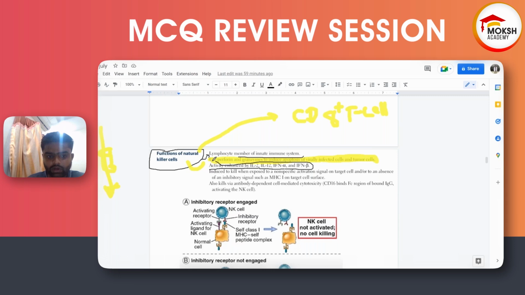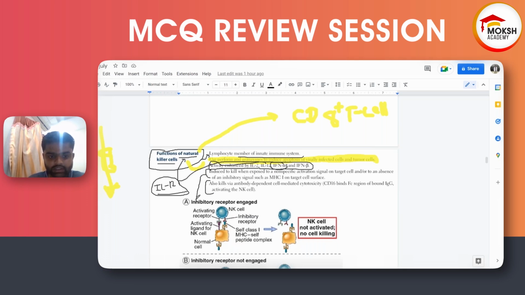If you have to remember one of the ILs linked to natural killer cells, I would suggest remembering IL-12. Natural killer cells are also activated by interferon gamma, but most commonly it's IL-12 that increases natural killer cell activity.